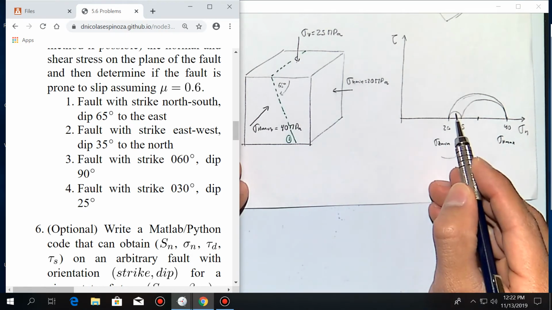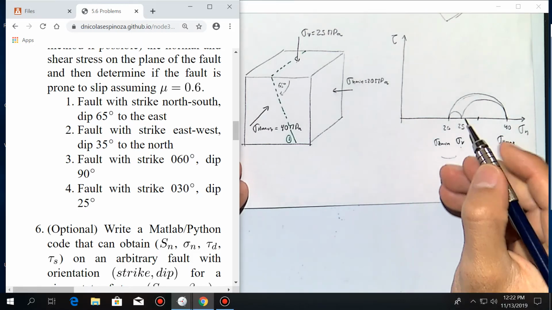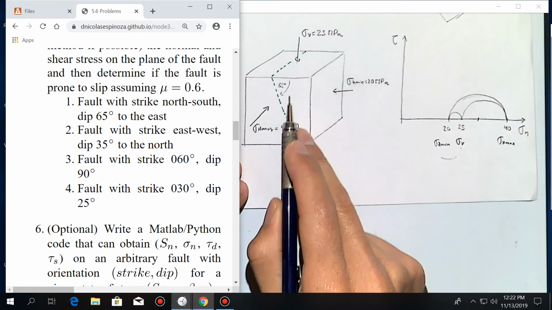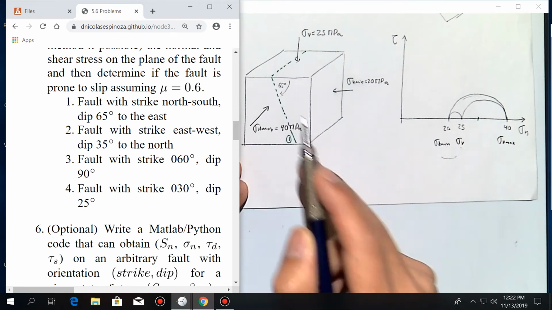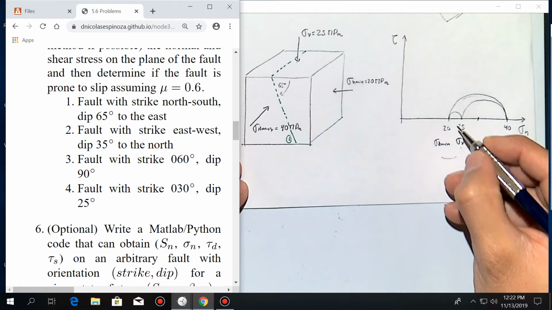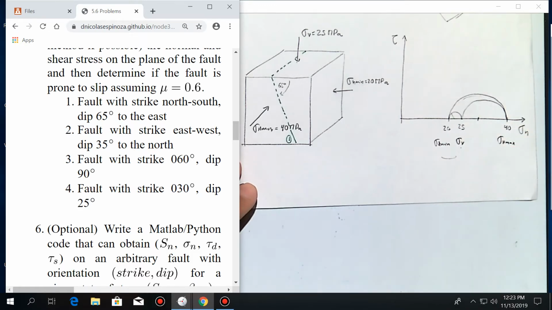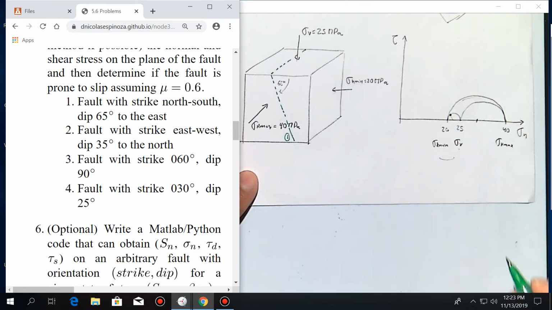So this is the small Moore circle, and I have to go from the plane of the maximum stress, which is sigma V in this case, to the plane of the minimum, which is sigma H mean. So 65 times 2, that's going to be 130. So that's going to be a point right there. That's number 1.